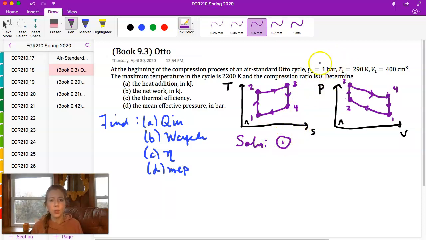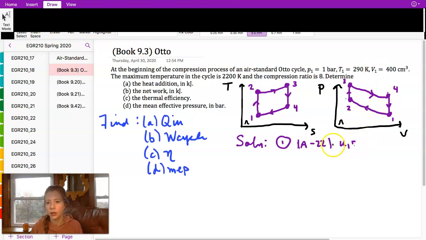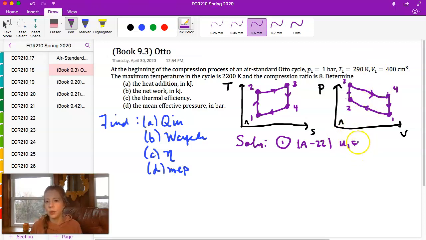If we look at A22, which is our table for air, ideal gas information, for a temperature of 290 K, we can find that U1, I'm not going to do all the interpolation out anymore, U1 is 206.91 kilojoules per kilogram.